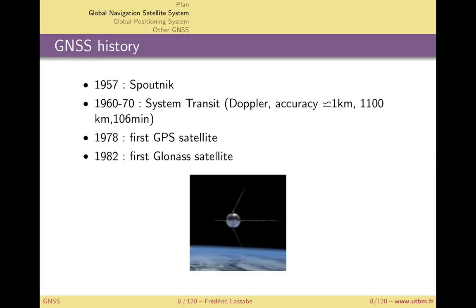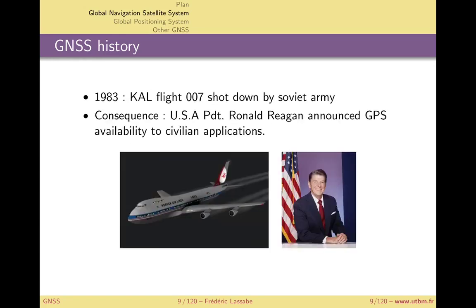In the 60s and 70s, sorry, there was the Transit system with an accuracy close to 1 kilometer, so it's not very good if you want to have accurate applications. In 1978, the first GPS satellite, followed 4 years later by the first GLONASS satellite, and 20 years later, or maybe 25 years later, the first Galileo satellite.